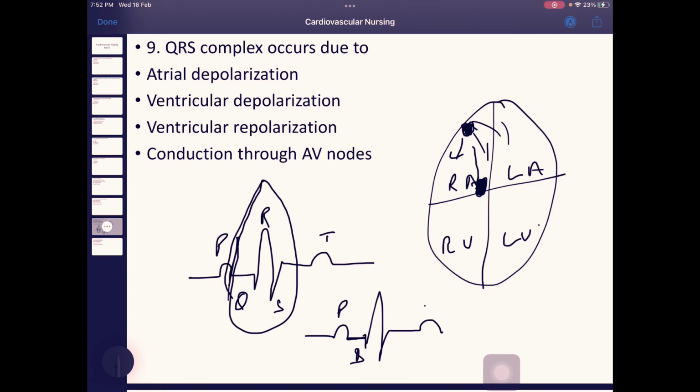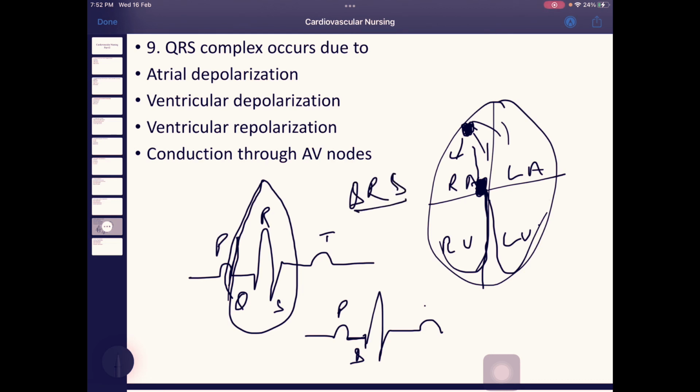After the impulse passes through the AV node, it passes through the bundle of His and Purkinje fibers, and reaches throughout the ventricles, which leads to contraction or depolarization of the ventricles. During ventricular depolarization, it generates the QRS complex.